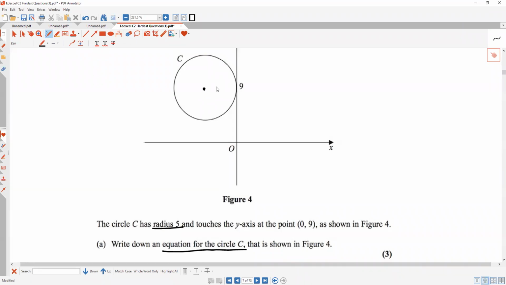Guys, focus. They said the radius is 5. That means the distance from here till here is 5.